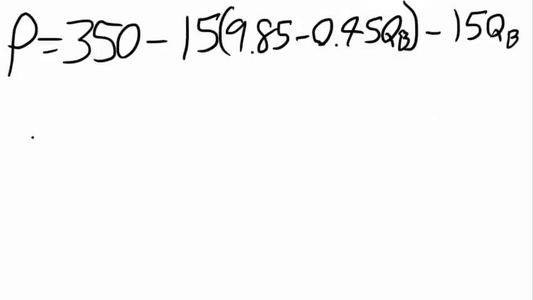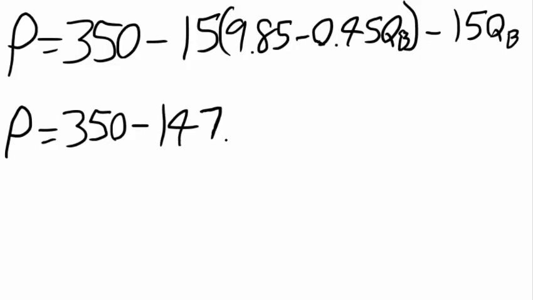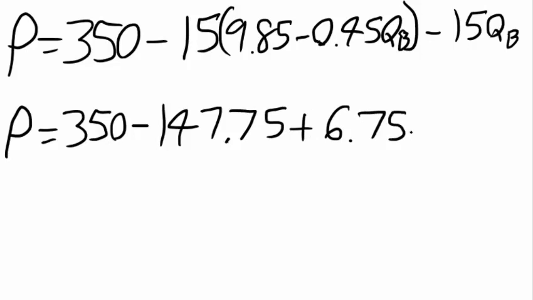And by distributing that negative 15, we get price equals 350 minus 147.75 plus 6.75 QB minus 15 QB.